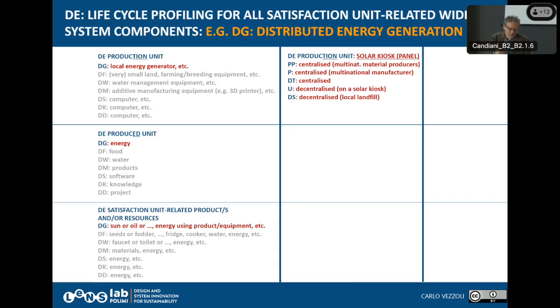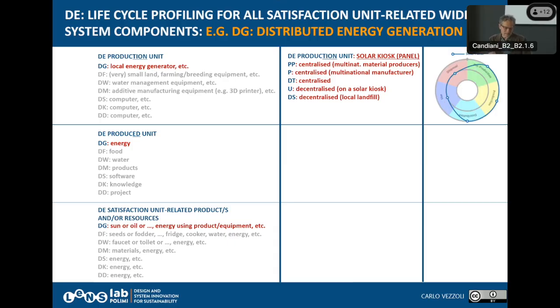The use, if it's a solar kiosk, you said it before, it's decentralized, and the distribution, the disposal, we suppose that it goes to a local landfill, so this is a decentralized system.